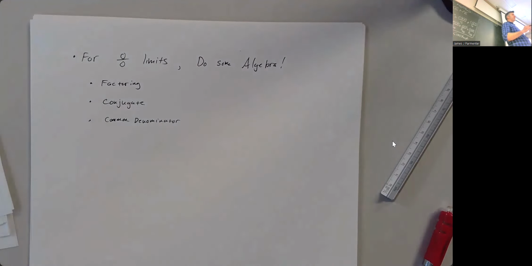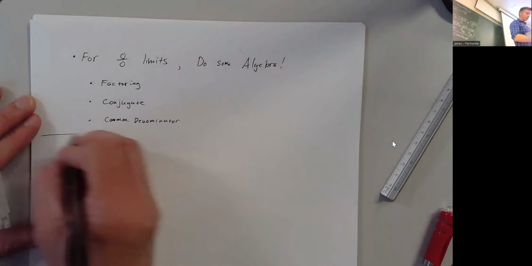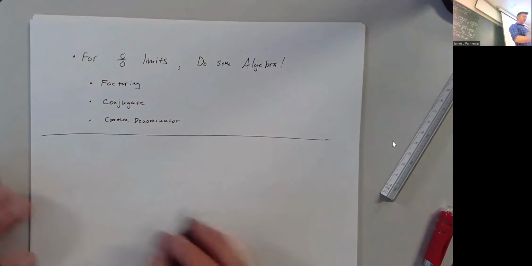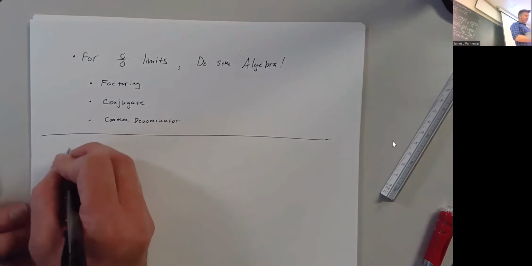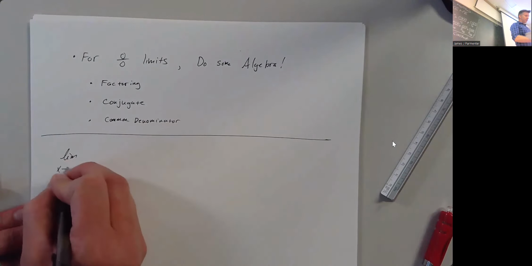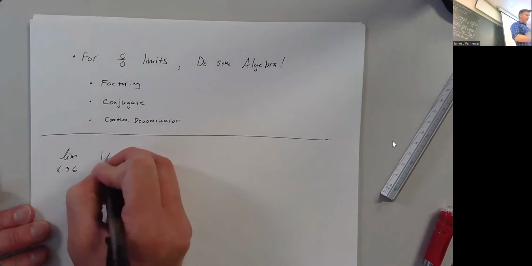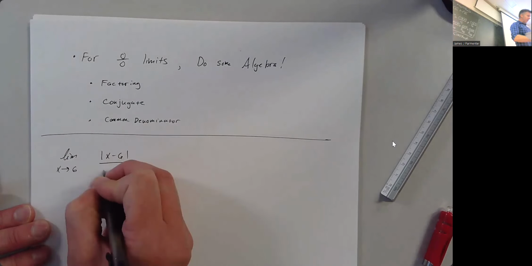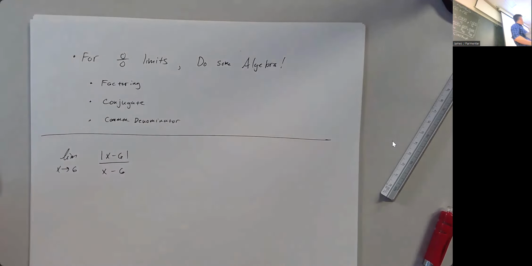I don't think anyone's talking about sine of x over x. Good. I don't think they will, but sometimes some people talk about it, so I just want to make sure. If either teacher does, let me know and we can certainly cover it, but it usually gets kind of skipped over. Well, let's look at something else, like the limit as x approaches 6 of the absolute value of x minus 6 over x minus 6.